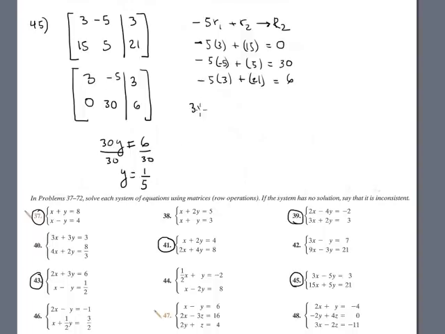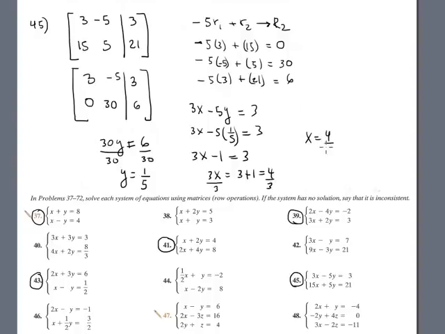The first equation is 3x minus 5y equals 3. 3x minus 5 times 1/5 equals 3. 3x minus 1 equals 3. 3x is equal to 3 plus 1, which is 4, divided by 3 both sides. X is equal to 4/3, and the solution is (4/3, 1/5).